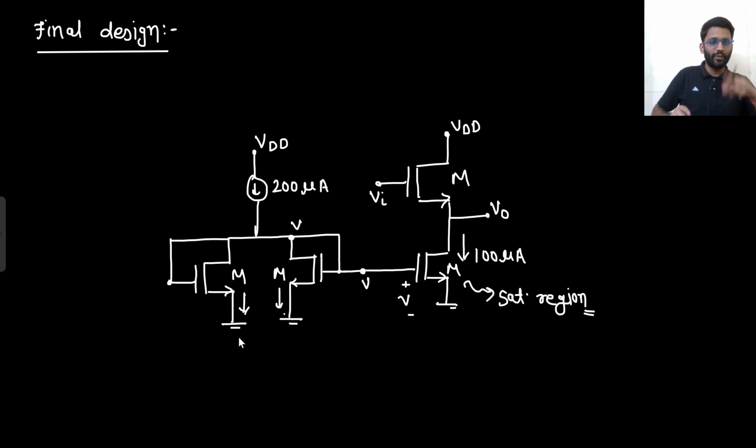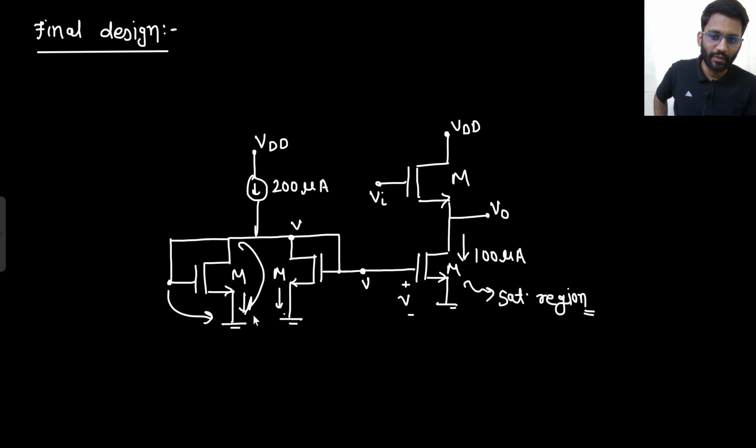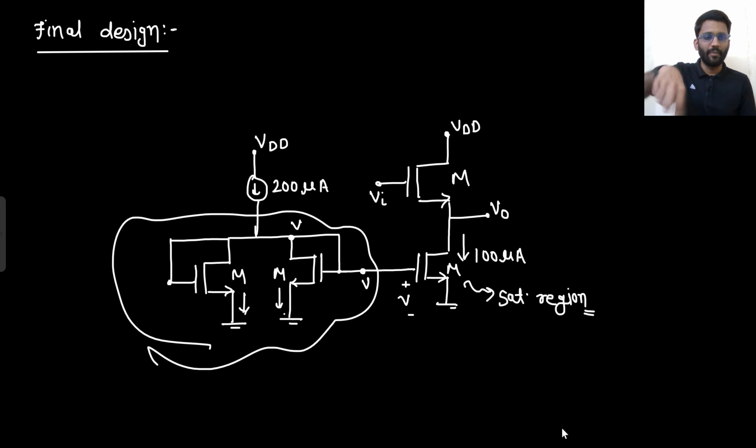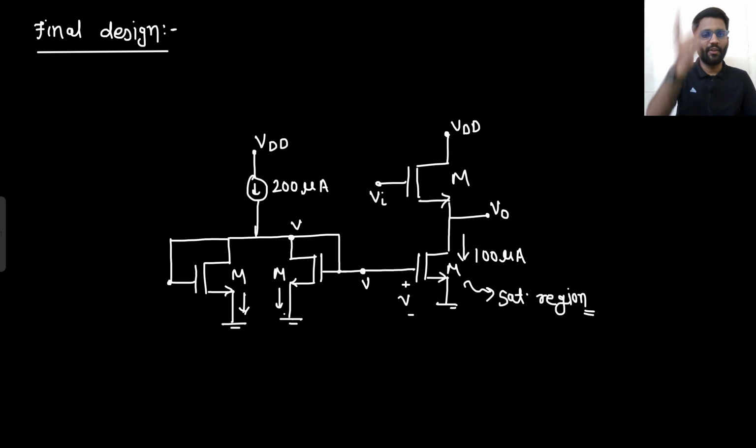So from V to ground what do I see? 1 by gm parallel with ro, parallel with 1 by gm, parallel with ro. Say yes or no. So this much of region will be replaced by 1 by gm parallel with ro, parallel with 1 by gm, parallel with ro. Say yes or no.